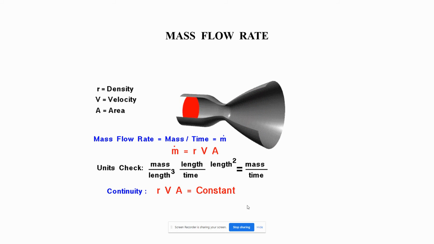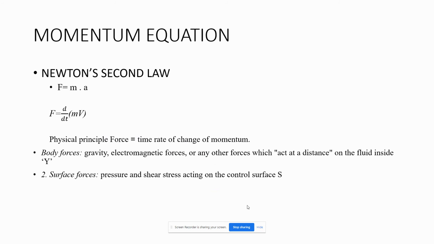So the product of density, area, and velocity always remains constant. Now, coming to the momentum equation, this is based on Newton's second law: force equals mass into acceleration, which can also be defined as d by dt of m into v, which is mass into velocity.